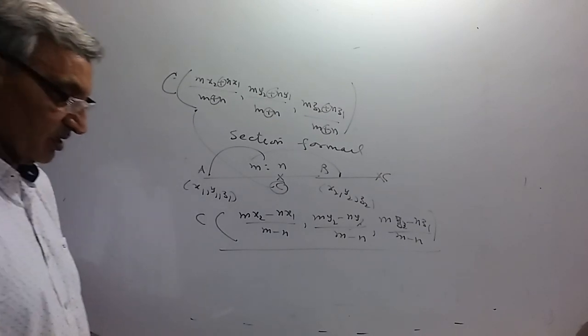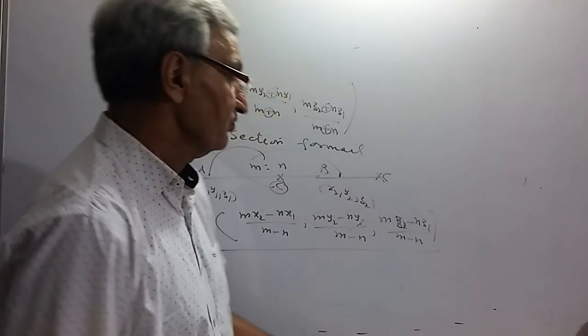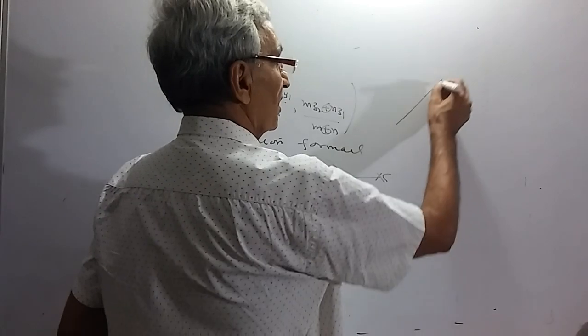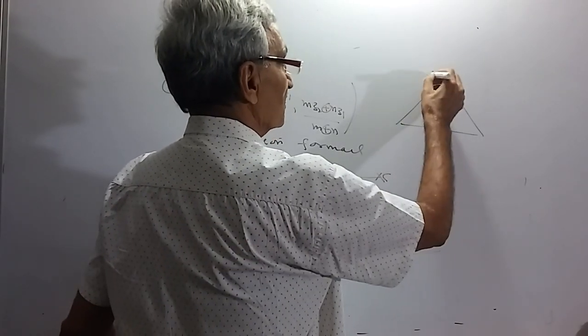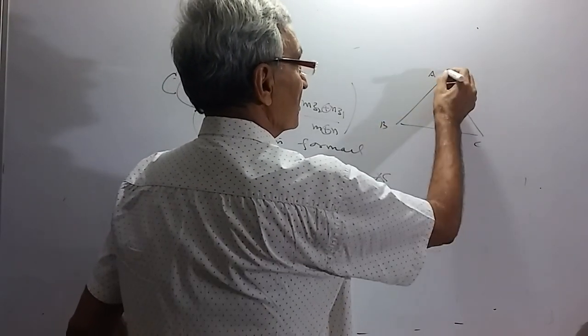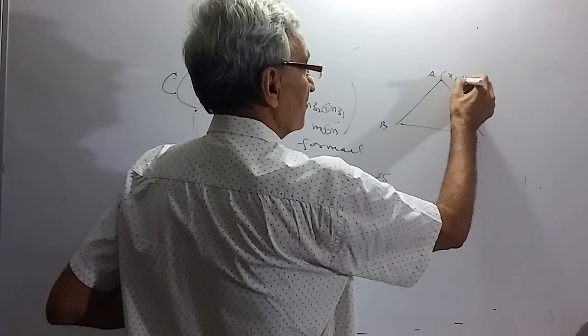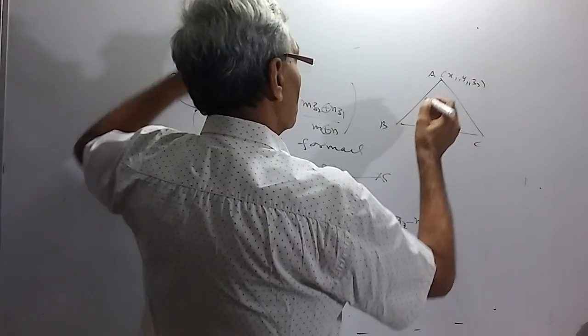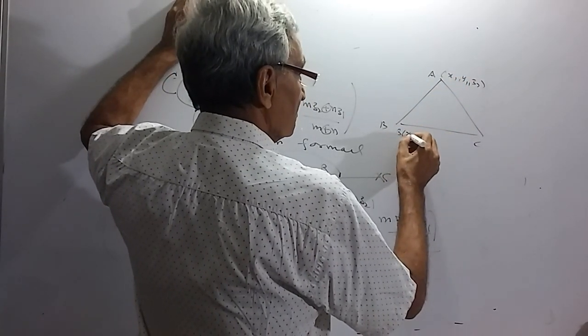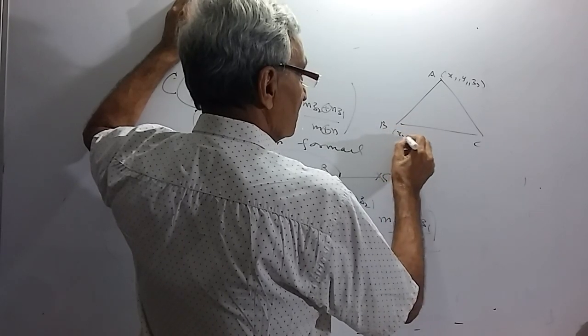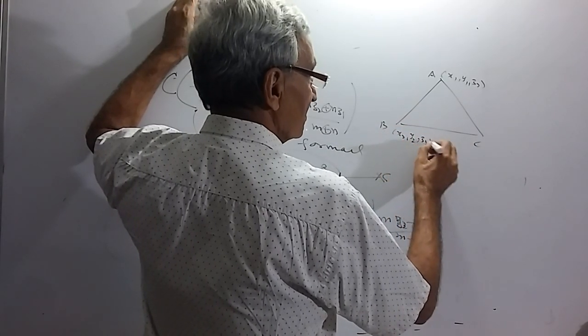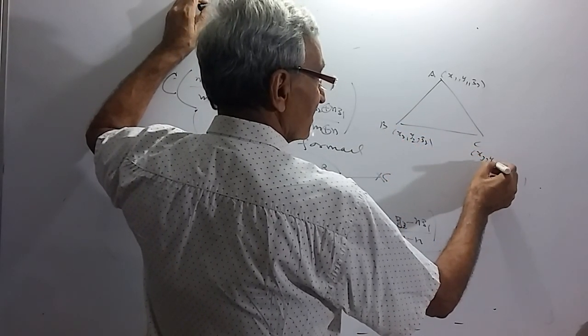Suppose we have a question with a triangle ABC. This point is (x1, y1, z1), this point is (x2, y2, z2), and this is (x3, y3, z3).